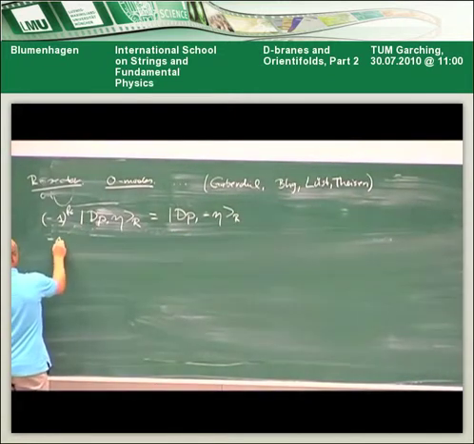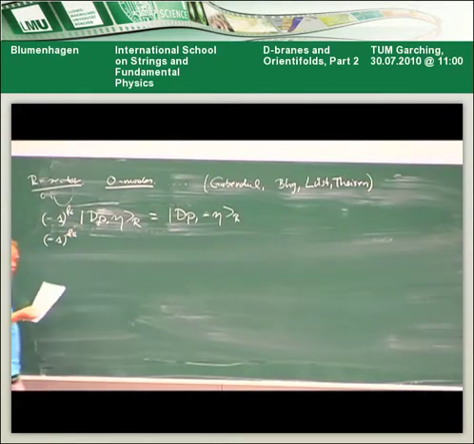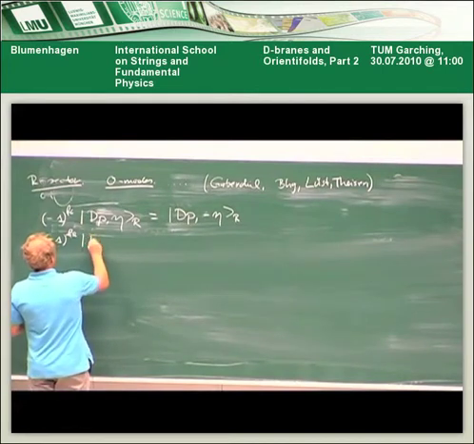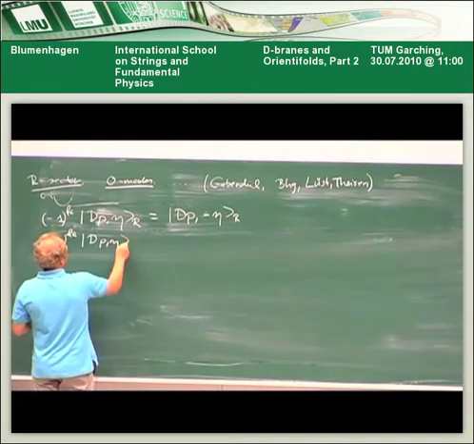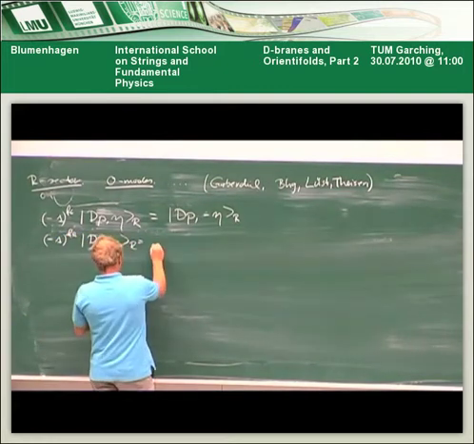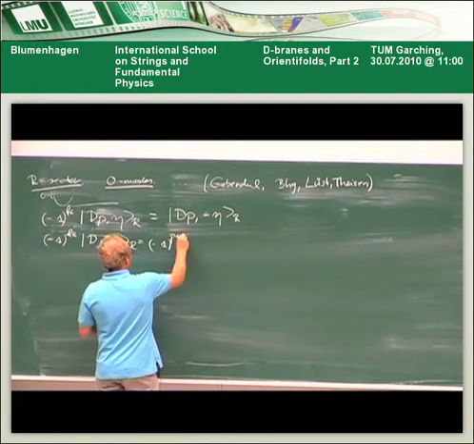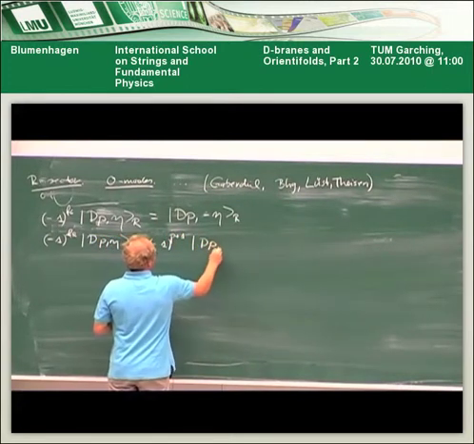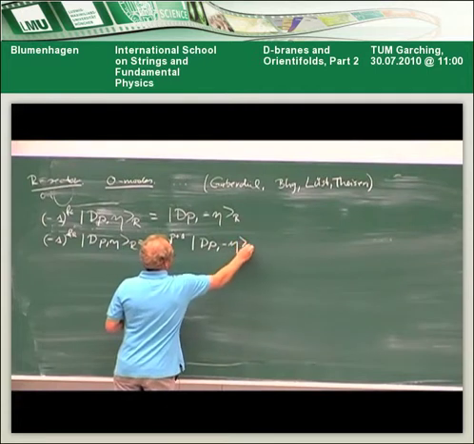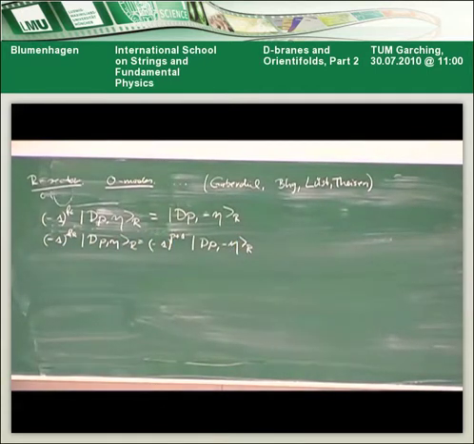But if you use the right moving one, so first of all, you have to extend the GSO projection to the zero mode sector, so there's some work to be done. You find that it's not so easy. There's an extra sign appearing, and this extra sign is (-1)^(p+1).